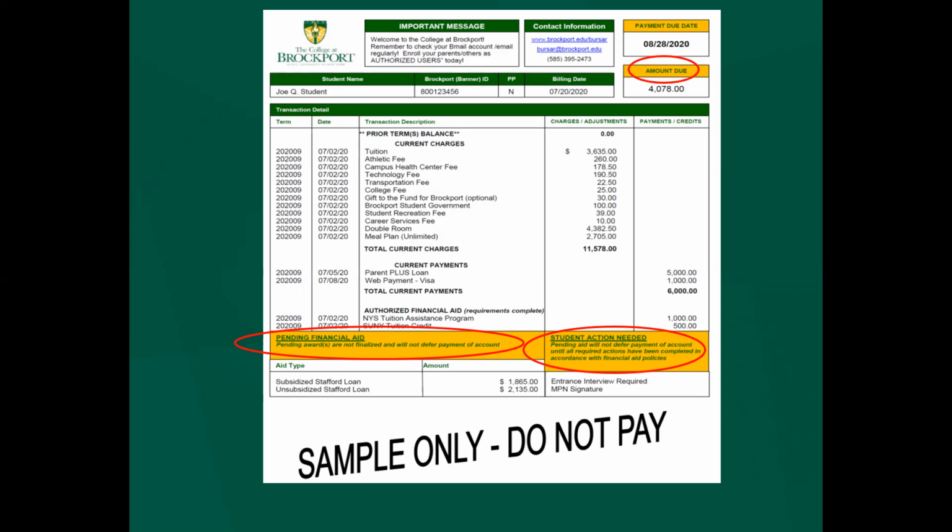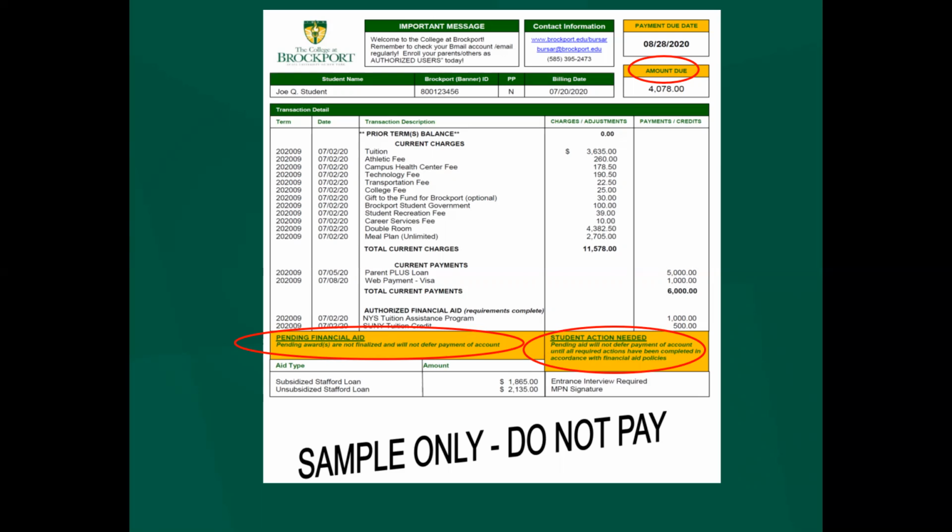At the very top will be any charge that is outstanding from a prior term. Remember, we talked about how that could be on your bill if there is an outstanding balance from a prior term. Just below that, we have current charges. We have things like tuition, fees, room and board, meal plan. Every charge is itemized.